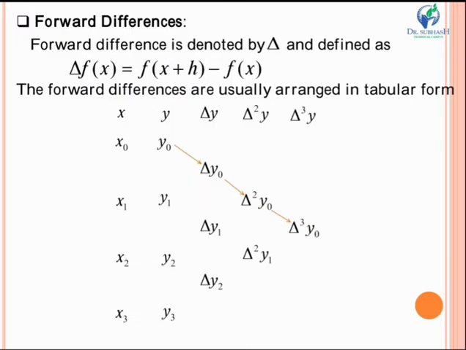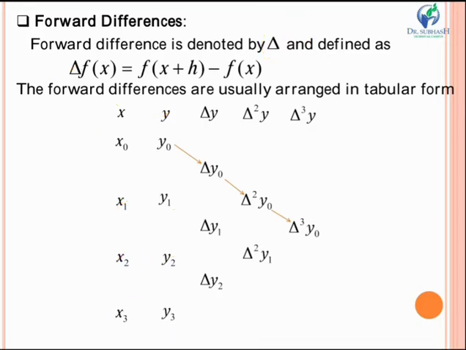Now forward difference. Forward difference is denoted by the symbol delta and is defined as delta f(x) = f(x + h) - f(x). See, we will be given the values of x and y, and we are naming it as x0, x1, x2, x3 and so on, and on the y side we are taking y0, y1, y2 up to yn.